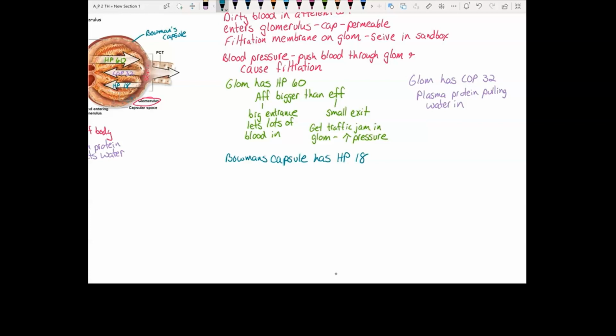This pressure occurs because as the filtrate leaves the glomerulus, it is trapped between the glomerulus and the Bowman's capsule.